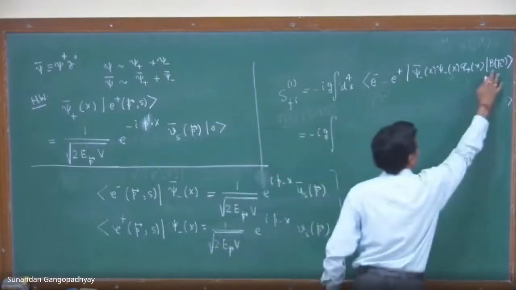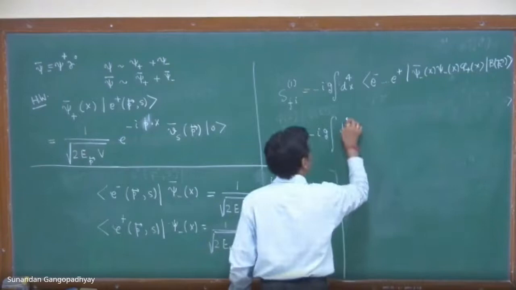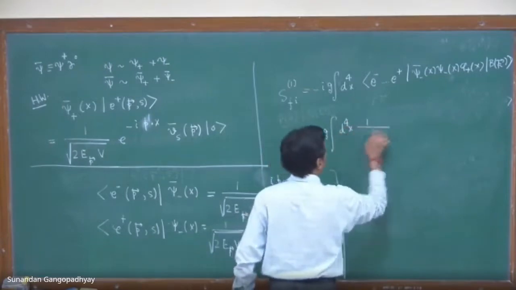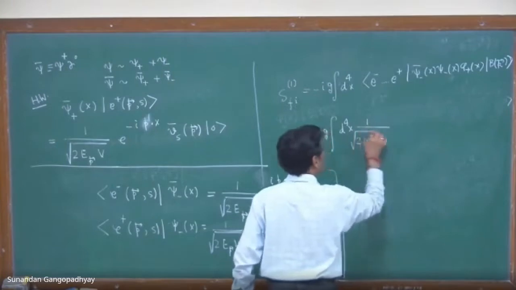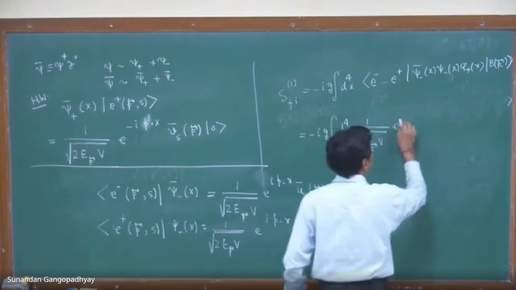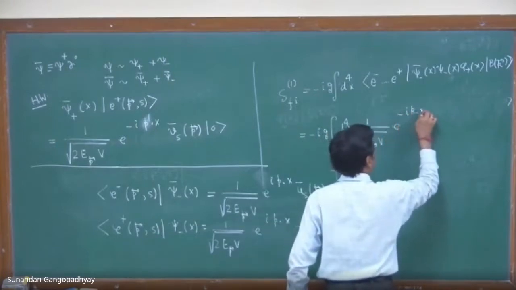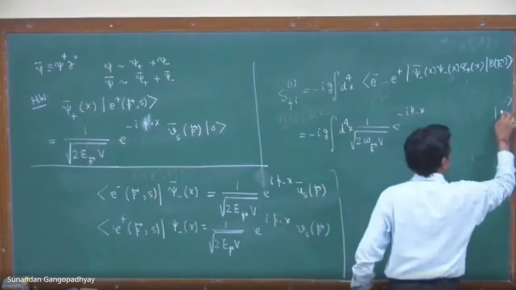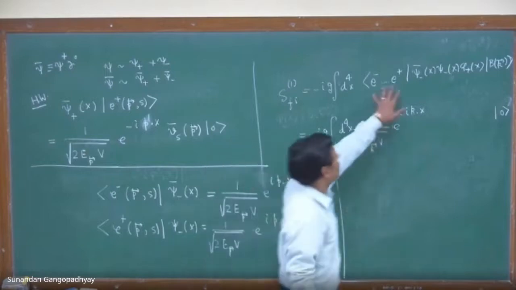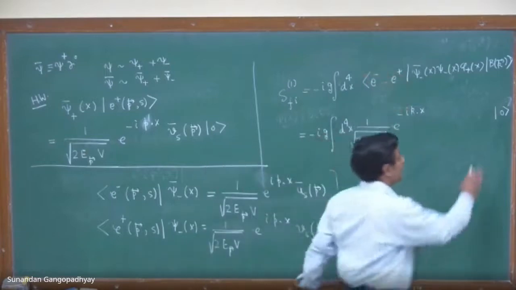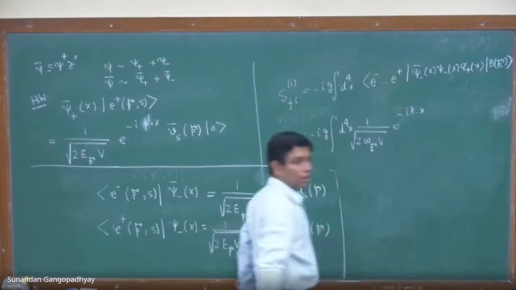So this acting on this gave us 1 by root 2 omega volume b to the power minus, that gives you 0, right? Here also we have bra 0, so that goes to zero.